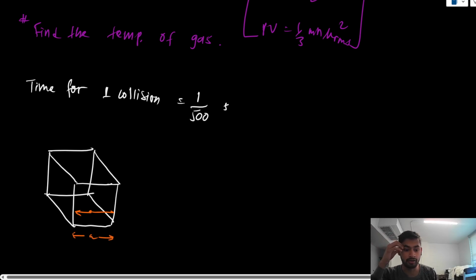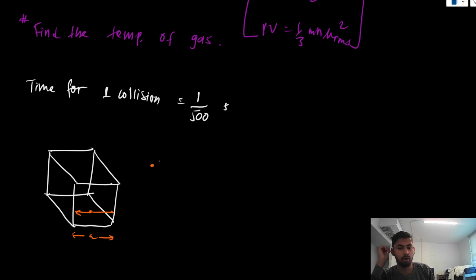And this is the size of the particle, and you must remember that the molecules move in straight lines on axes, ux, uy, uz. That's why we can assume that it's always traveling in straight lines, right?